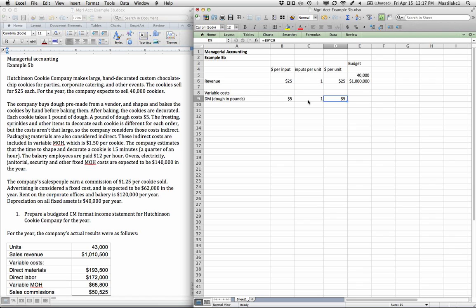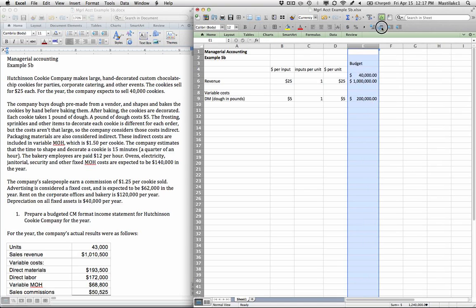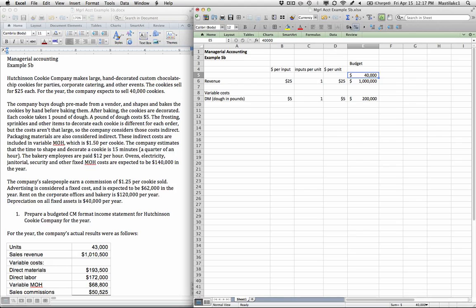So our direct material cost in dough per cookie is $5 per unit. And so our total direct material cost should be $200,000.